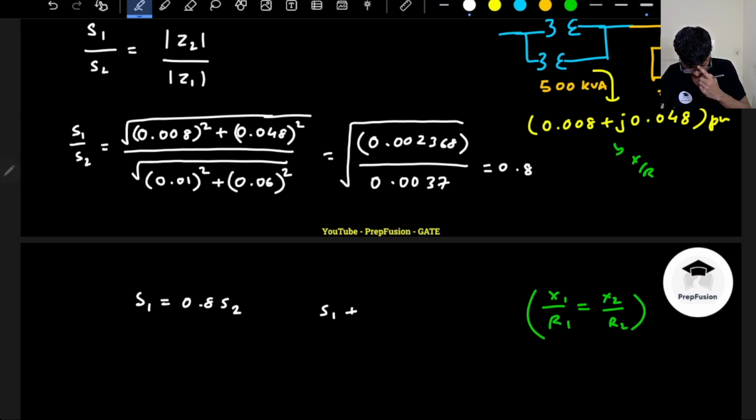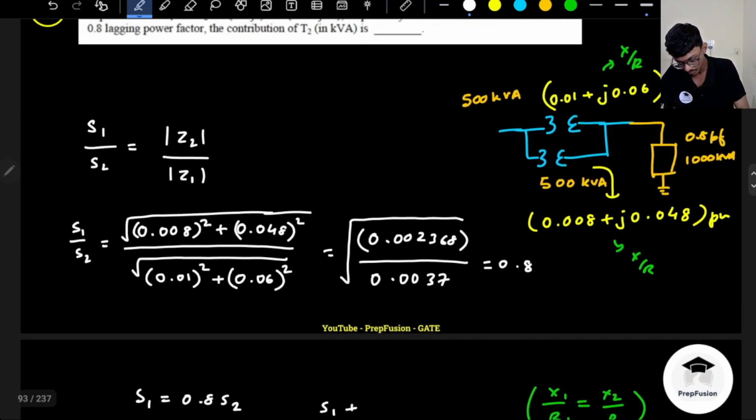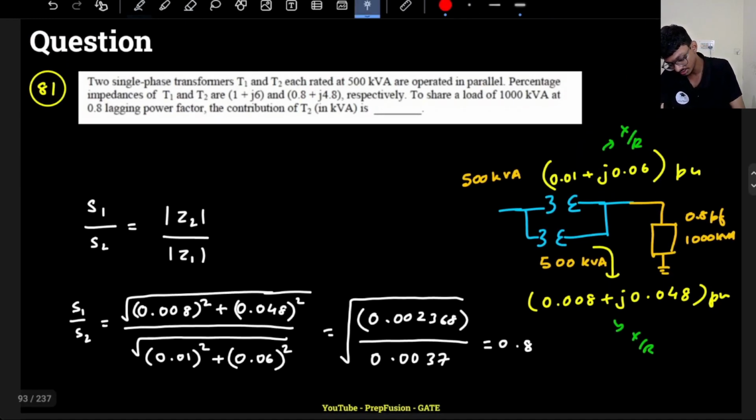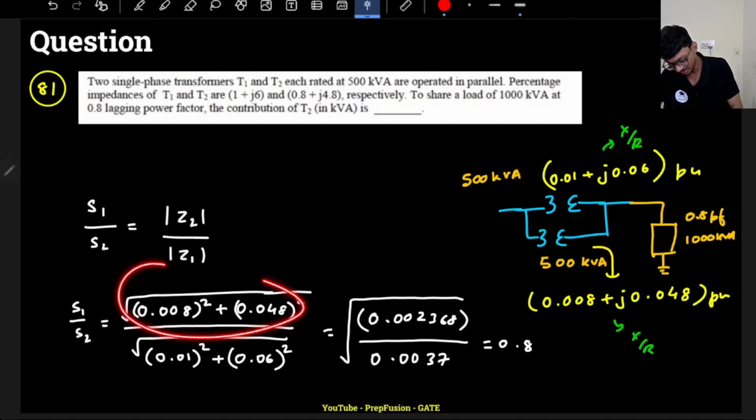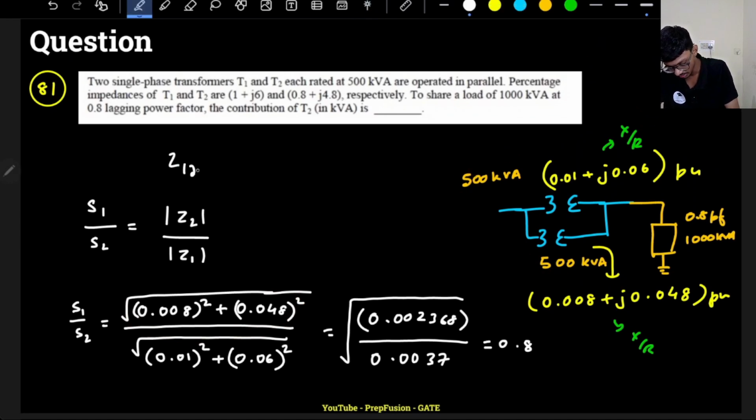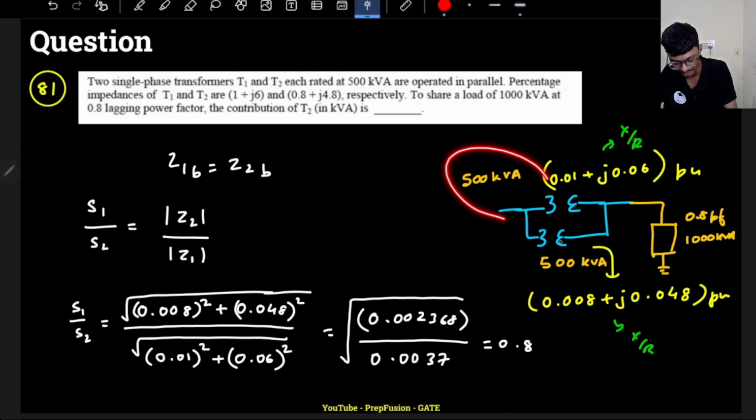One more thing I forgot to tell you: because the kVA ratings are the same, here I replace with Z pu. If the kVA ratings are the same, that means my Z1 base is equal to my Z2 base, because the voltage ratios are the same, so the base ratings also will be the same.